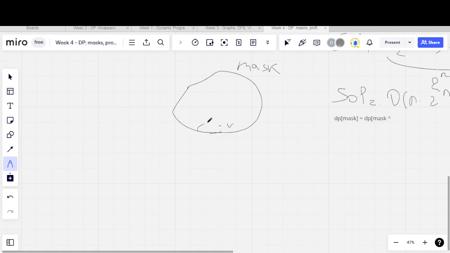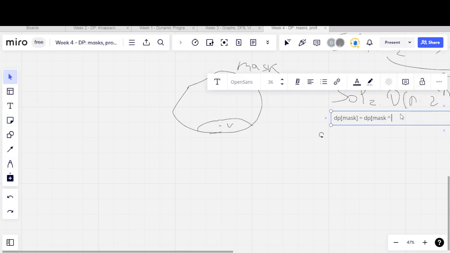So we just calculate 2 to the power of v, and check that this vertex is not included in our mask.